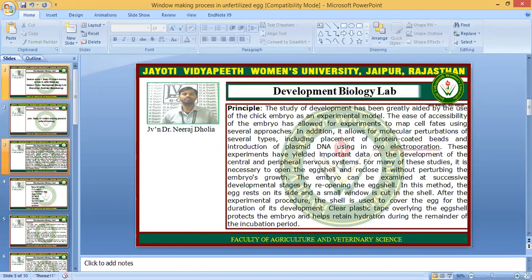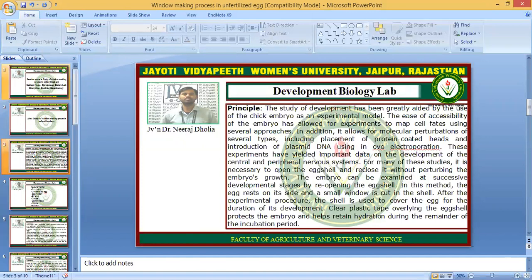In addition, it allows for molecular perturbations of several types, including the placement of protein-coated beads and the introduction of plasmid DNA using in ovo electroporation.